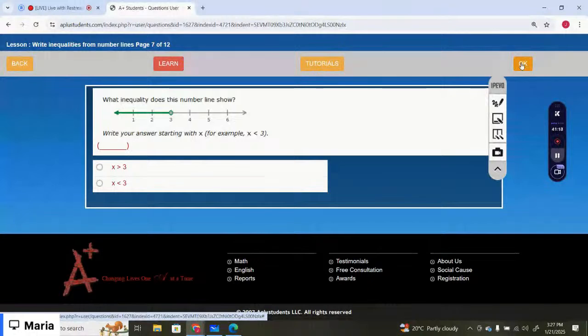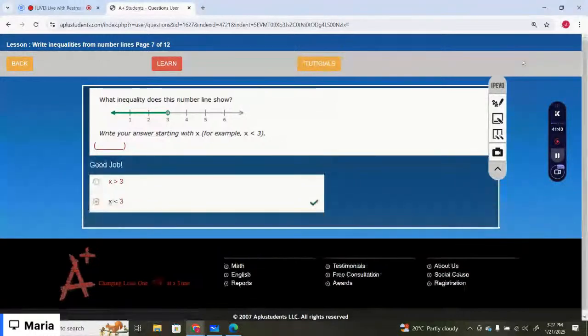What inequality does the number line show, which is the correct option? That is x is less than 3. Option number 2 is the correct option.